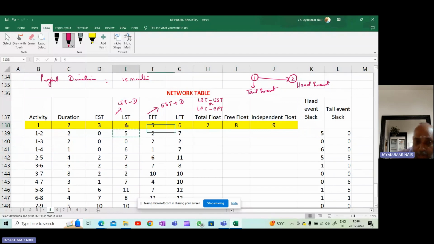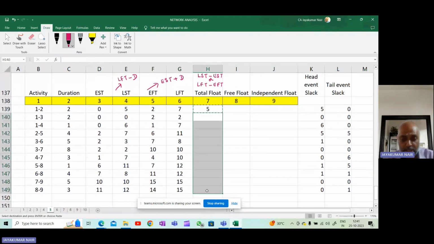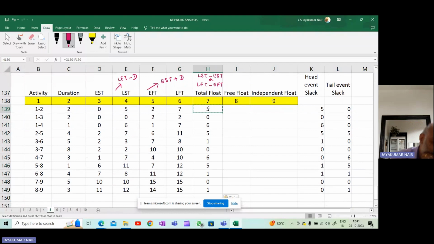So it could be column 4 minus column 3 or column 6 minus column 5. Both will give you the same result. So I'm doing this 7 minus 2. So you can find out what is the total float. Total float is 5, 0, 6, 5, 1, 0, 6, 5, 1, 0, 1.